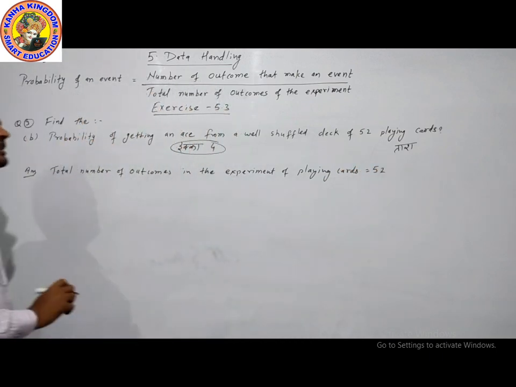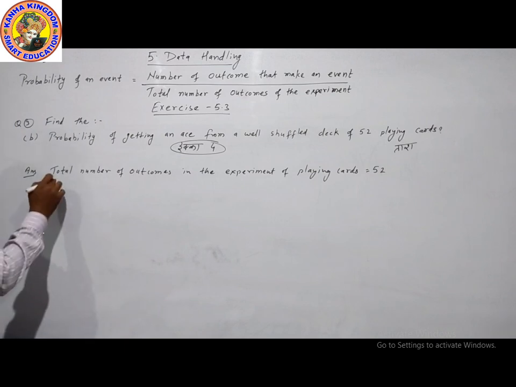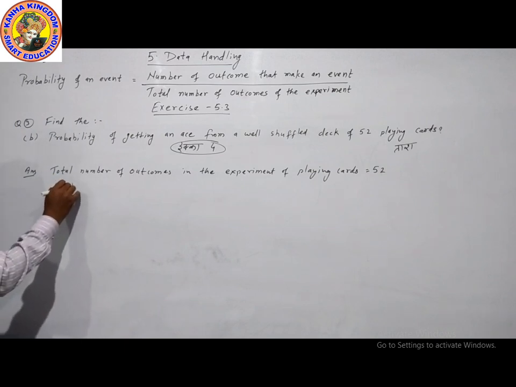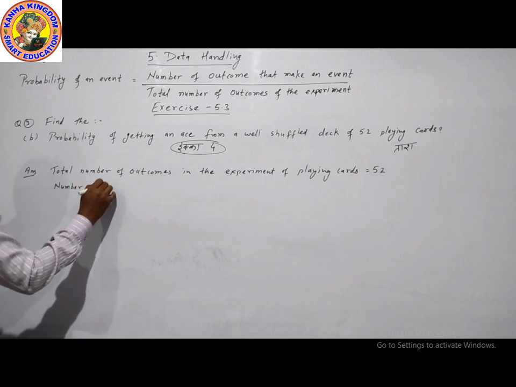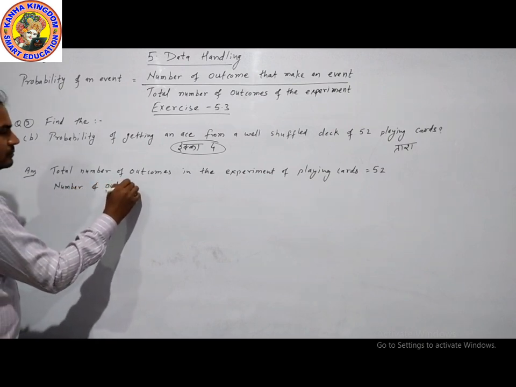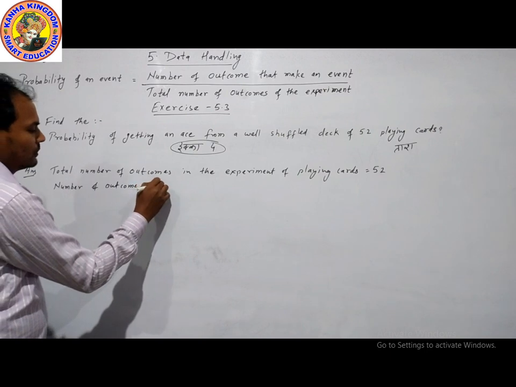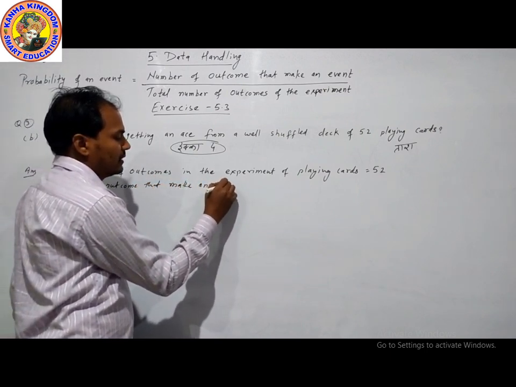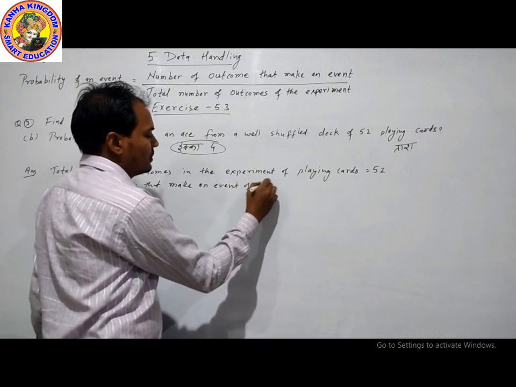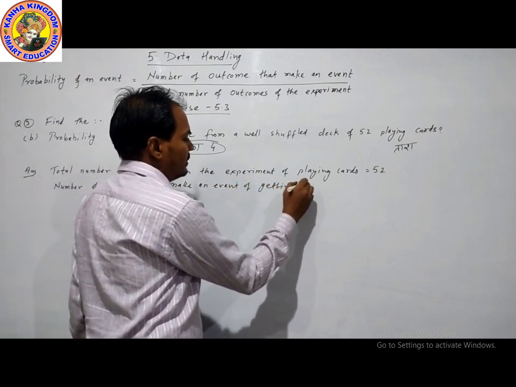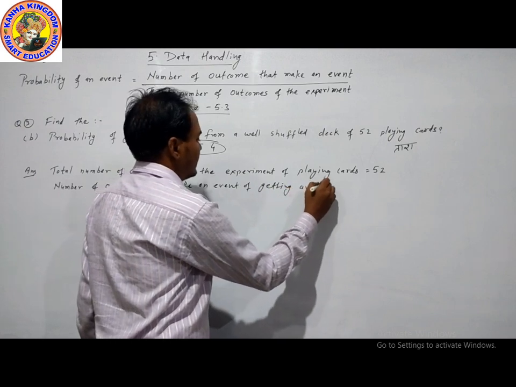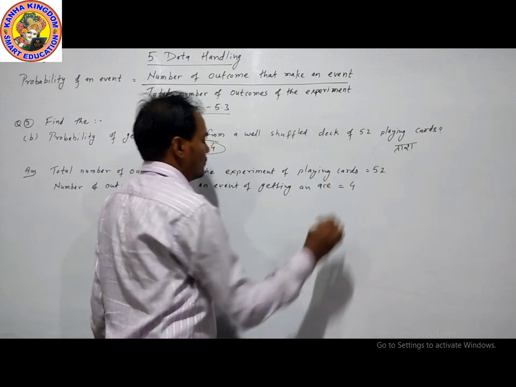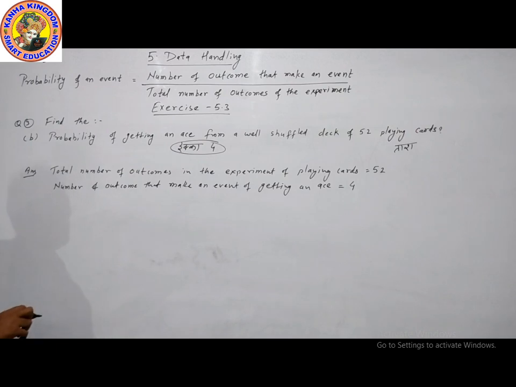These are the total number of outcomes. Now, the number of outcomes that make an event of getting an S is equal to 4. The S's are 4 playing cards, total playing cards are 52.